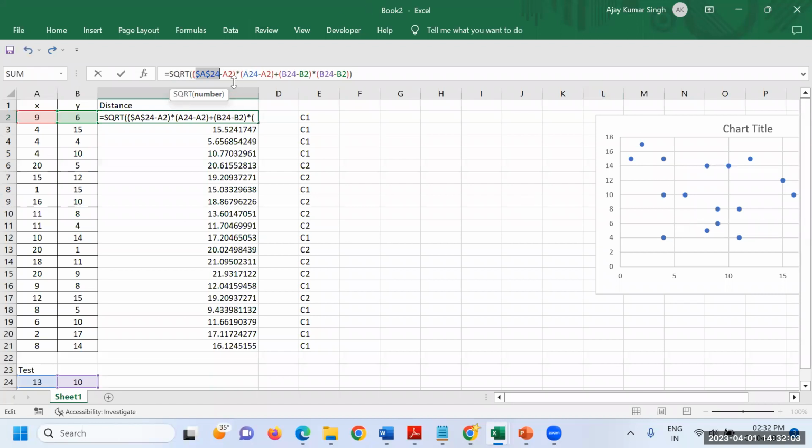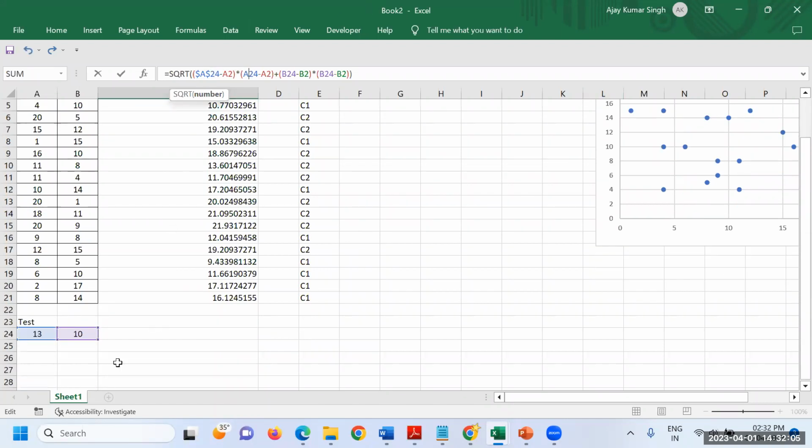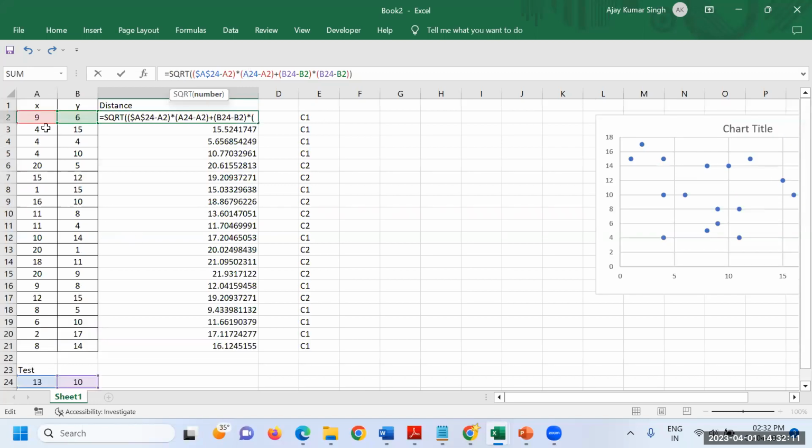We have to put the $ sign because this is fixed, and we are not supposed to change this next cell, next cell, next cell. So this is fixed, but these values are changing. That's why we are doing F4, for making it static, fixed. So now it is your absolute data, not relative.